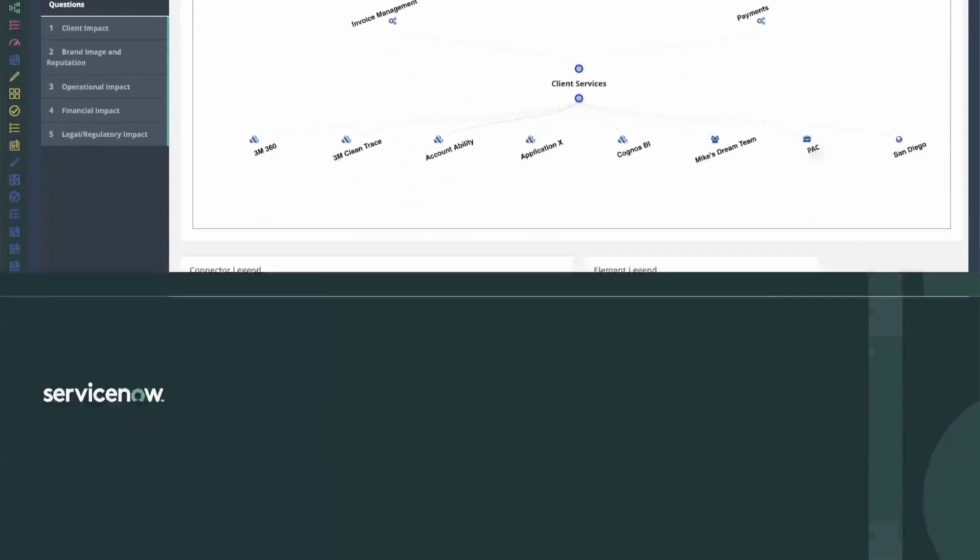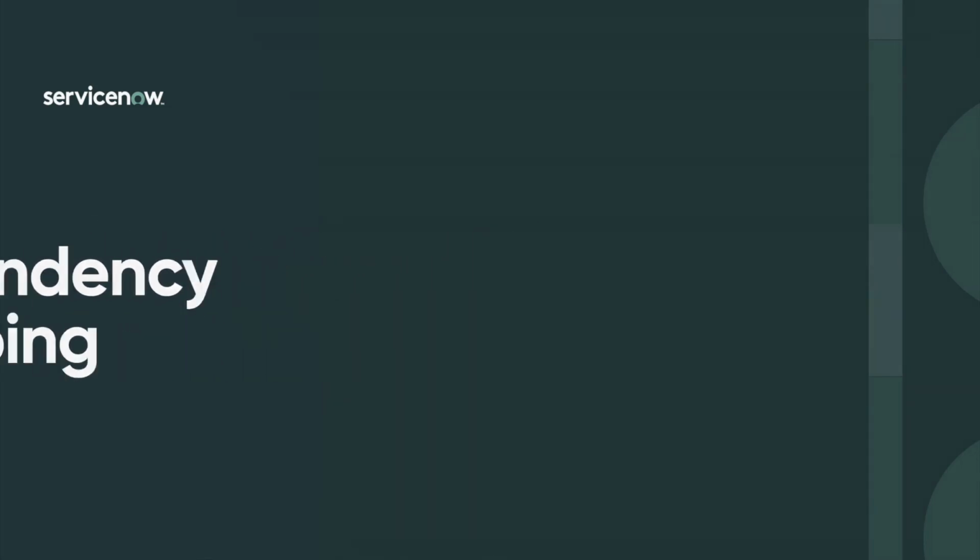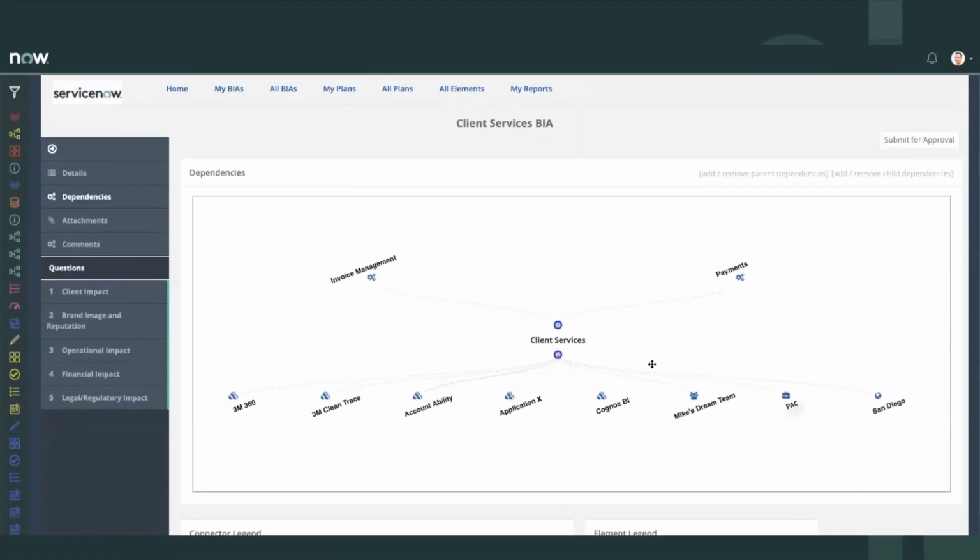The end user will be able to map out all of the key dependencies which this critical process depends upon. One of the key advantages to doing BCM on the ServiceNow platform is the fact that we can leverage all of our existing enterprise data using a single data set model, as well as leveraging relationships across the platform.